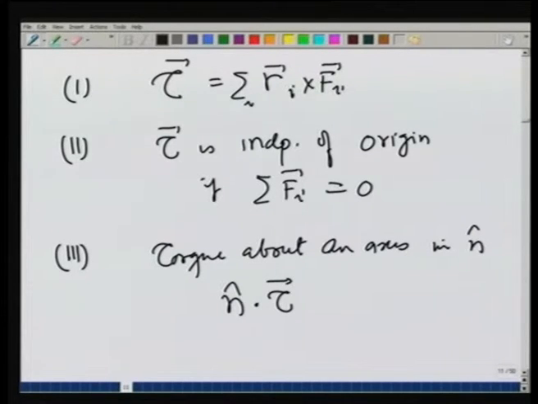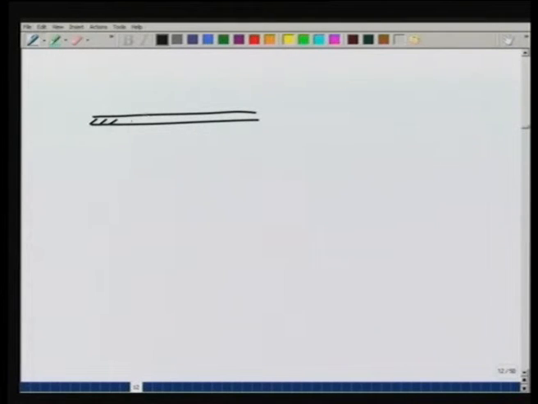Next, what we will do is, using the couple moment and force, we will like to transfer a force parallel to itself and see the effect of a force, how it is seen at some other point. For that, let me just motivate you by taking a rod and apply a force here.